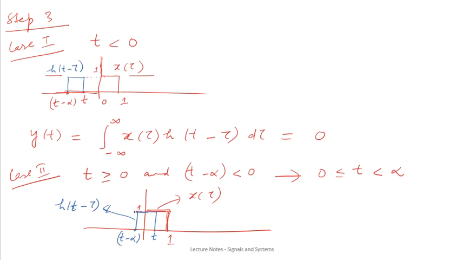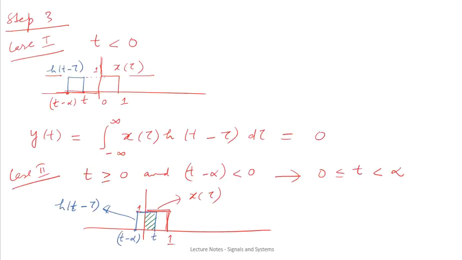So t minus alpha is less than 0, whereas t is greater than or equal to 0. Now for this particular case you can see that there is some overlapping between the two signals. This is the area of overlapping, the period up to which these two signals are overlapping. So convolution has to be calculated for this period.